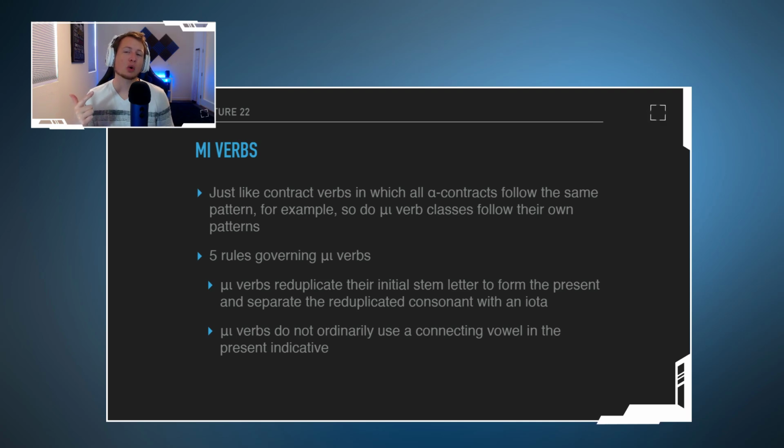Second, mi verbs do not ordinarily use a connecting vowel in the present indicative. Not to say that it can't. It's just saying that normally it doesn't. It doesn't typically use a connecting vowel in the present indicative. And that's why we're saying it's athematic.